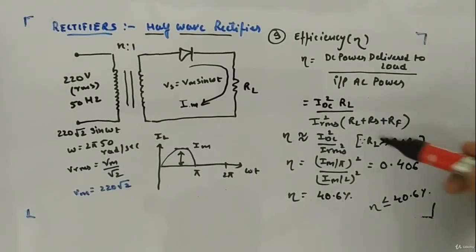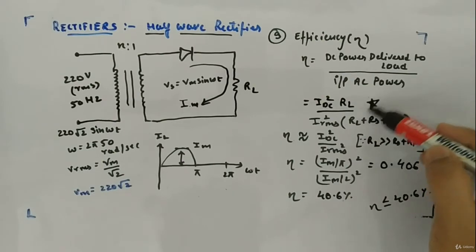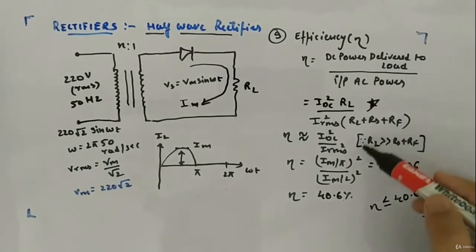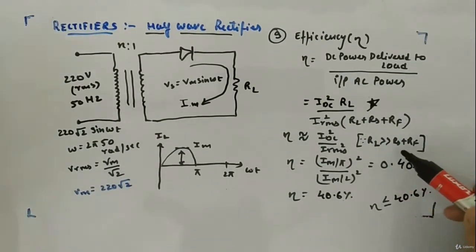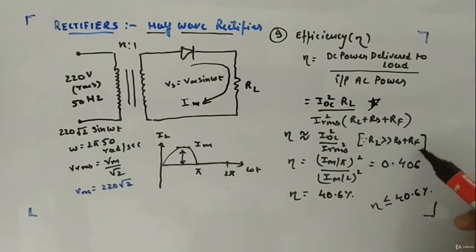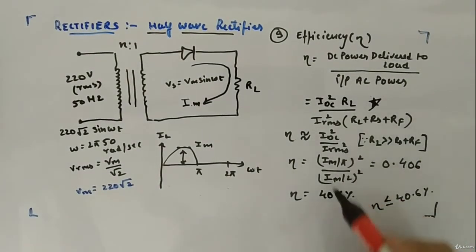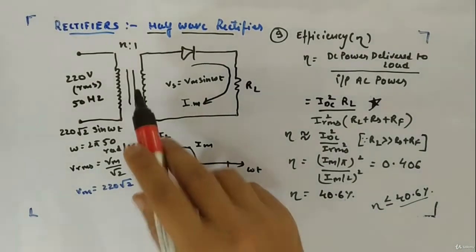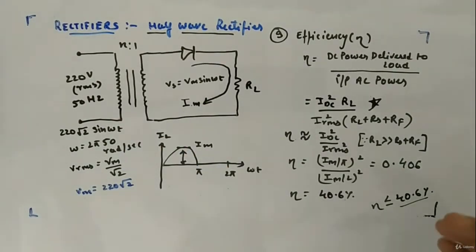Mind you, this is a special case, this is not the exact expression. I have taken a special case where RL is very much greater than RS plus RF, and in that case I got an efficiency of 40.6%, and this is the maximum you can get in a half wave rectifier. Either it will be equal to 40.6 or less than 40.6, depending upon these values.